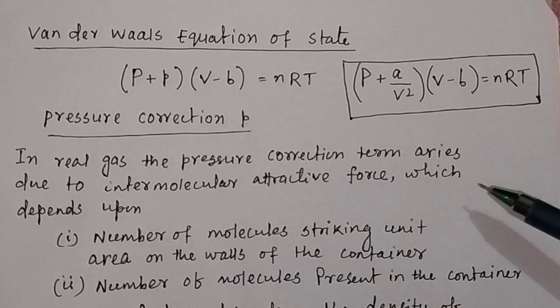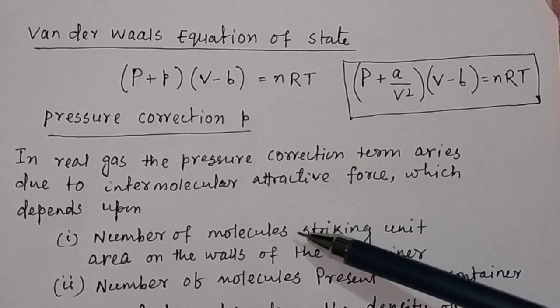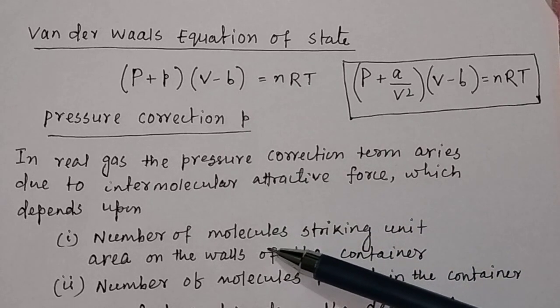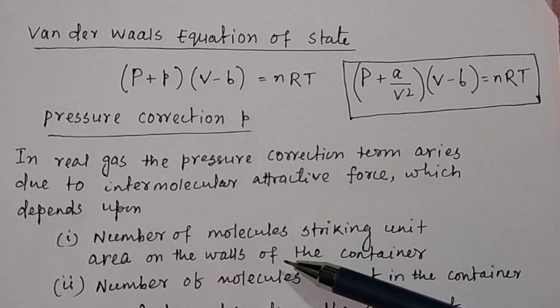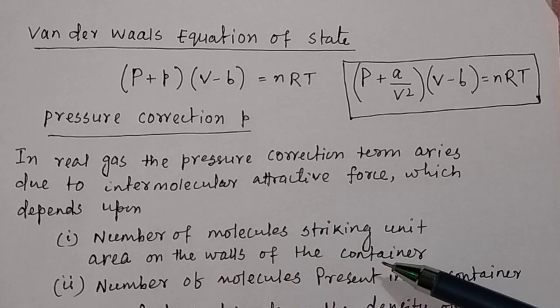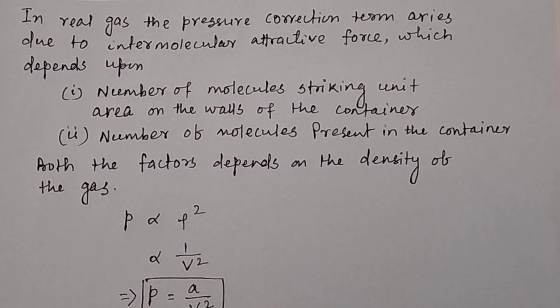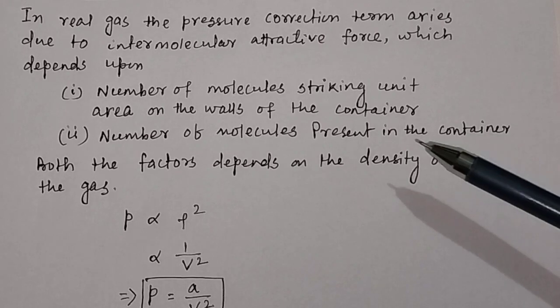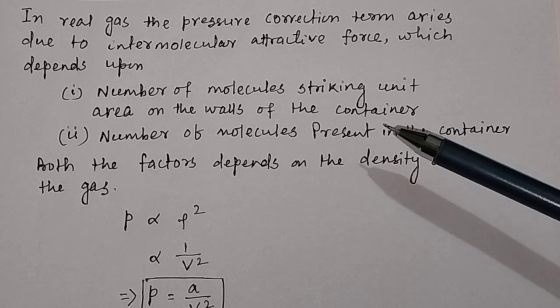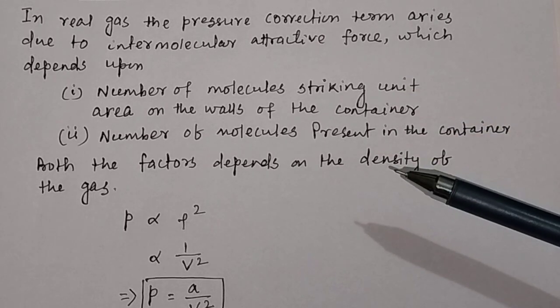The intermolecular attractive force depends upon the number of molecules striking unit area on the wall of the container, and it also depends upon the number of molecules present in the container, and both these factors depend upon the density of the gas.